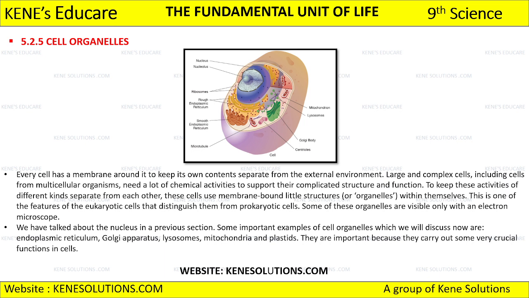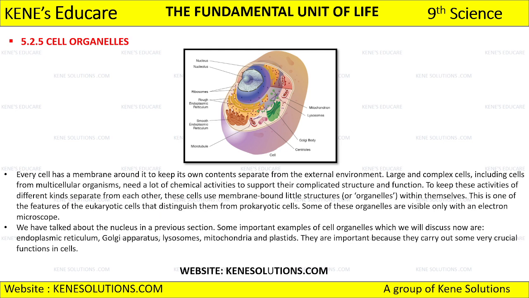We like to mix with the external environment, but it's not always right. We need a personal space as well. All the components inside the cell are the same. They also keep the content separate, and they also have a membrane around them.